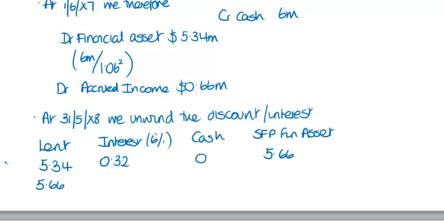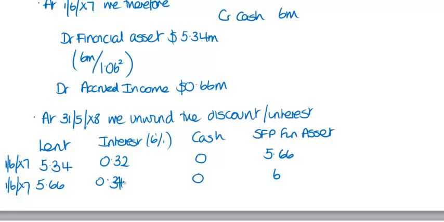You don't have to do it for this second year, but we've now got 5.66 times 0.06 gives us 0.34. Yep. The loan is 10 million and you credited 6.